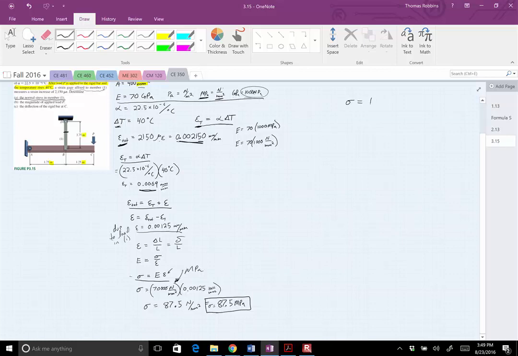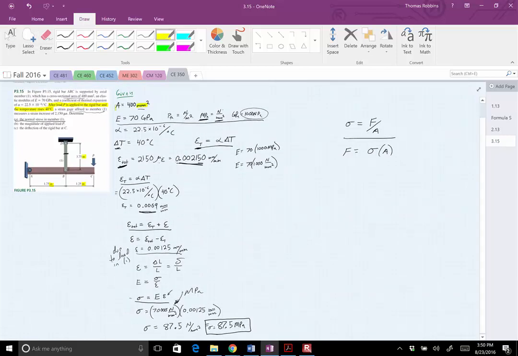Stress equals force over area, right? So if stress equals force over area, then I could say force equals stress multiplied by area. And look at one of the given pieces of information that we had: area, right here, area equals 400 millimeters squared.